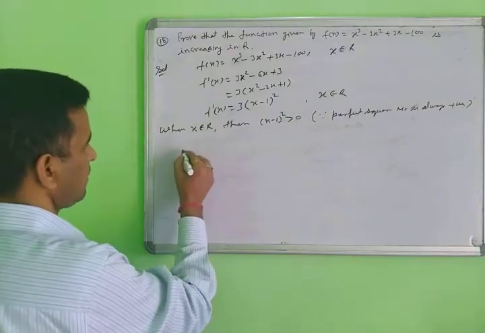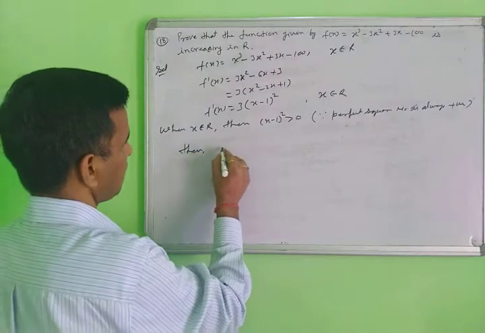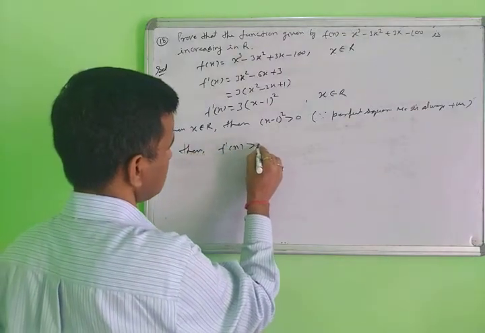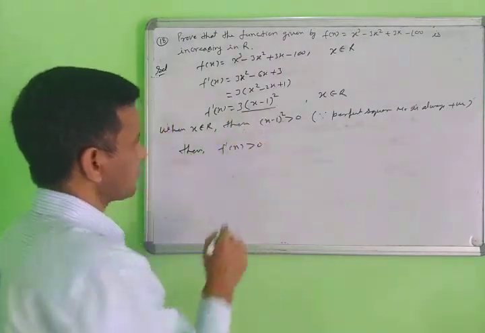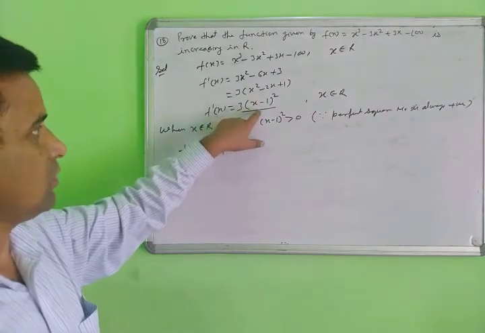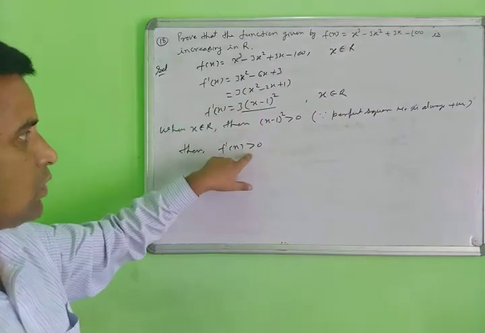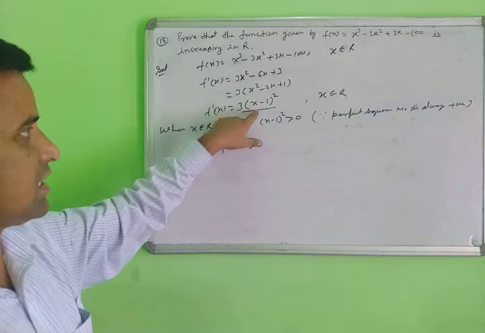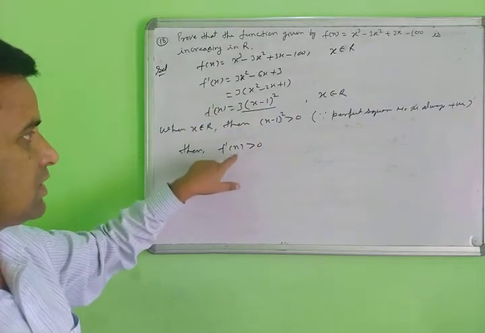But then f dash x is greater than 0. This is the value of f dash, which is greater than 0. That means f dash is greater than 0. If this is greater than 0, then this will also be greater than 0.